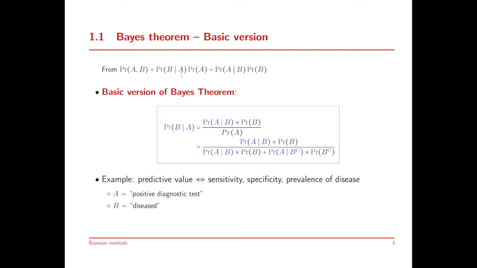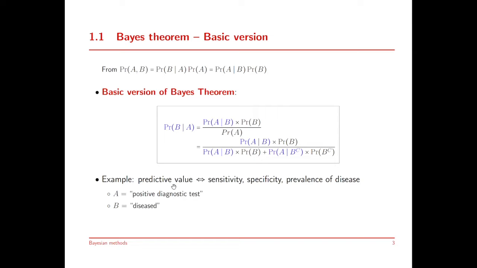From that result, you obtain that the probability of B given A can be written as the probability of A given B times the marginal probabilities. This can be further written in a more complicated manner again as conditional times marginal probability plus conditional times marginal probability.